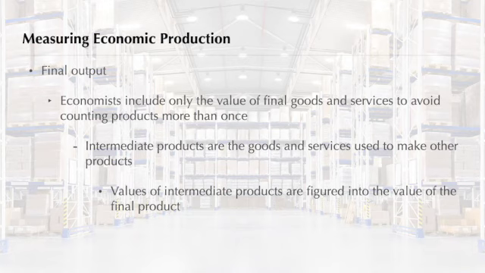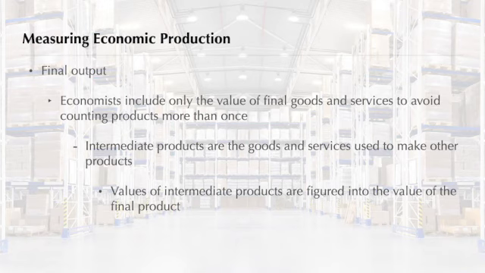To avoid counting products more than once, economists include only the value of final goods and services when calculating GDP. How is a good identified as final? Suppose that a woodcutter cuts down a tree and sells it to a sawmill operator. The sawmill then processes the tree into lumber, which is sold to a furniture manufacturer. The furniture manufacturer in turn uses the lumber to build a dining table, which is purchased by a consumer.